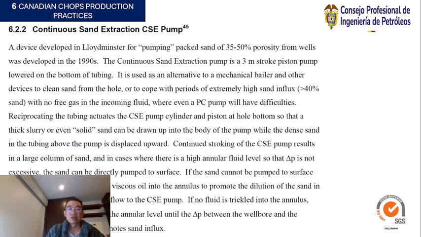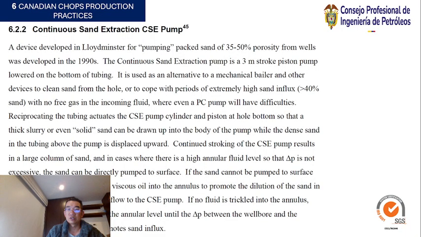Reciprocating the tubing across the CSE pump cylinder and piston at hole bottom, so that a sand slurry or even solid sand can be drawn up into the body of the pump, where the dense sand in the tubing above the pump is displaced upward.